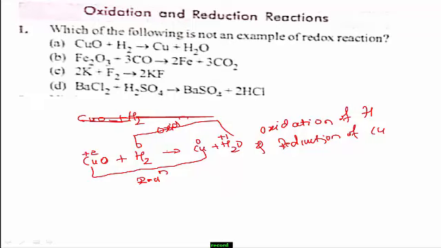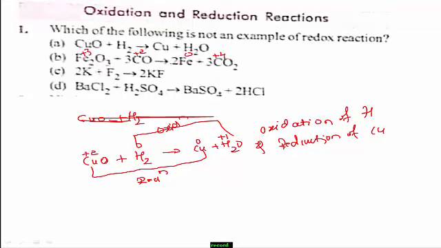Similarly, when we observe reaction B, here in Fe2O3 the iron is +3, you calculate, and carbon oxidation state is +2 in CO, and Fe in elemental form is 0, and in carbon dioxide, the carbon oxidation state is +4, right?